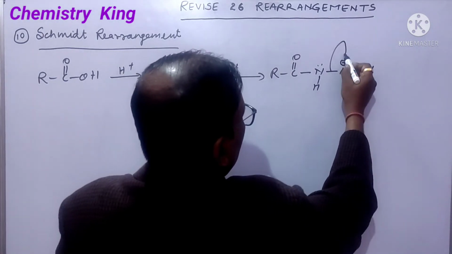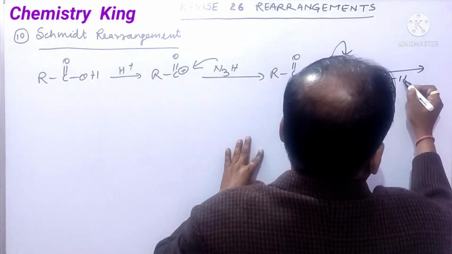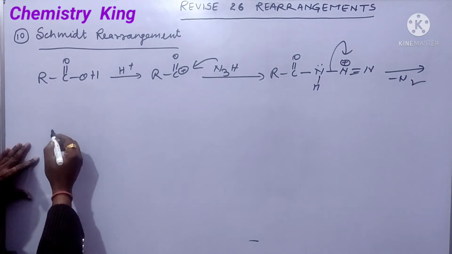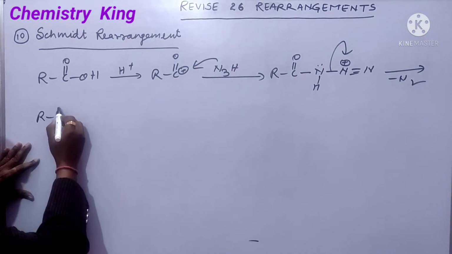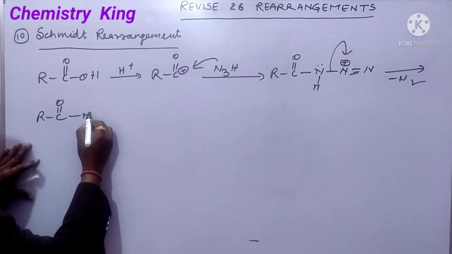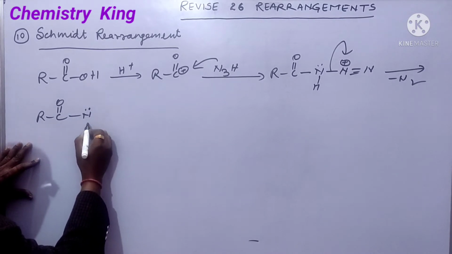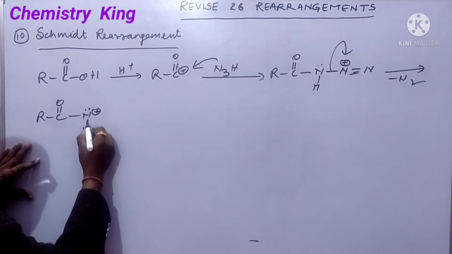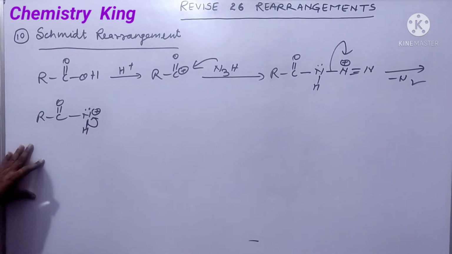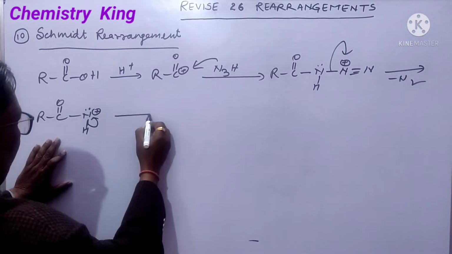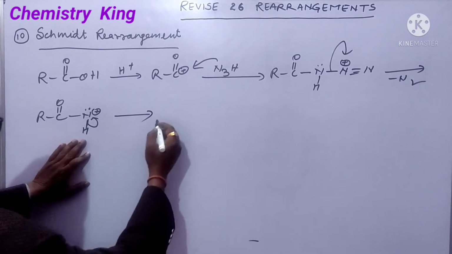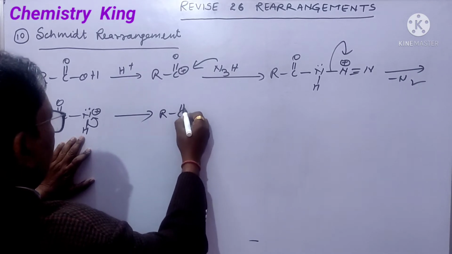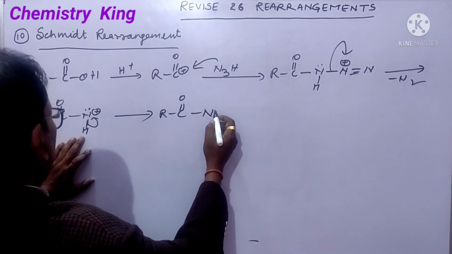Now this bond will break in this fashion, nitrogen gas is eliminated, and you will get RC double bond O, N, H, positive charge is here, and this hydrogen will now leave this position, and you will get this.